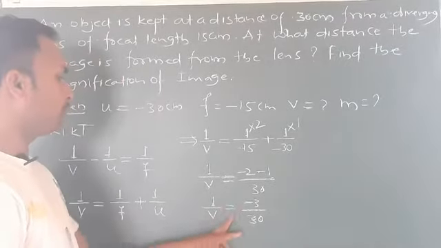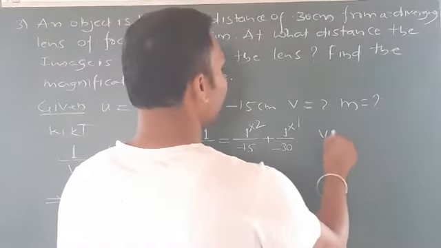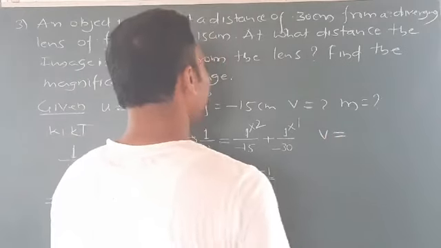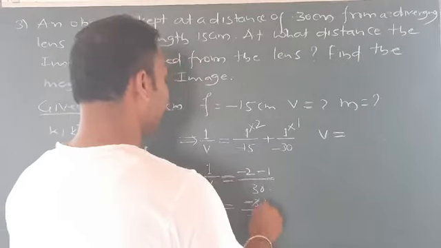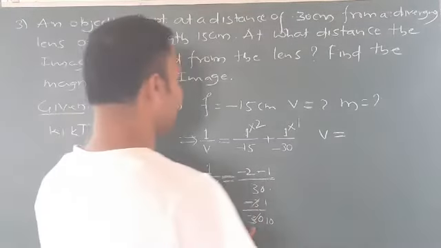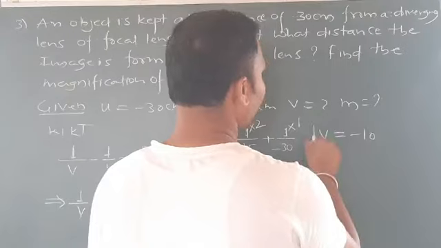So 1 by v is equal to minus 3 by 30. Now we need v, so cross multiply. We get 3 ones are 3 tens, so v is equal to minus 10.